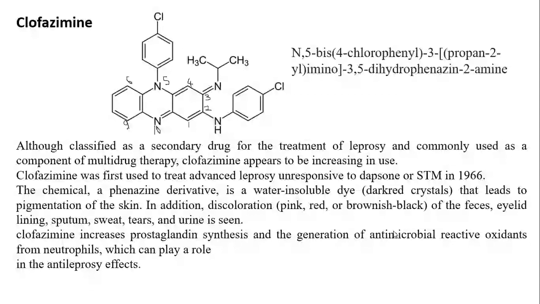So this is the structure of the clofazimine, and here I have mentioned the numbering for a better understanding of the IUPAC nomenclature. So we'll start with the N dash. Then there are two similar groups. Hence, we first consider those similar groups because they contain the halogen.